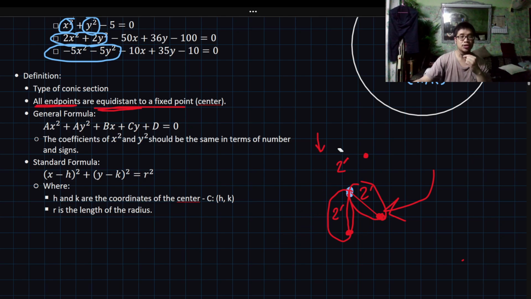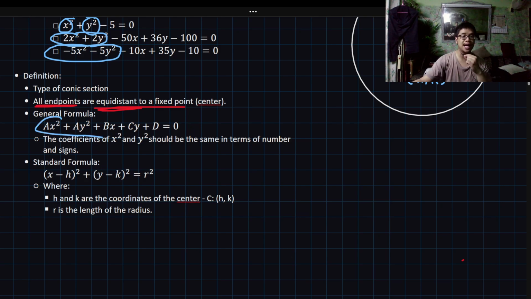So here we have the general formula of the circle. The general form of the circle is ax squared plus ay squared plus bx plus cy plus d equals 0. If you notice, it's ax squared plus ay squared, meaning the coefficients of x squared and y squared are the same.